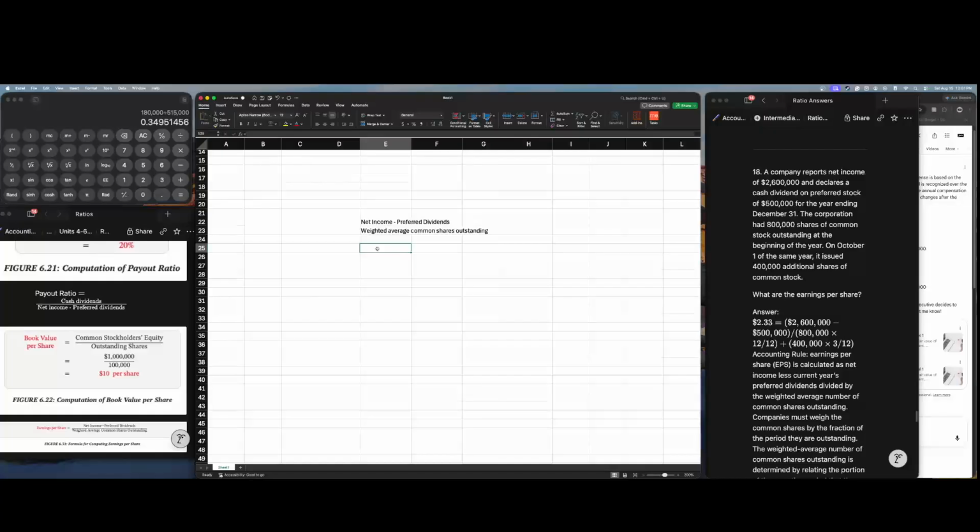The net income they reported is 2.6 million, minus the preferred cash dividend.